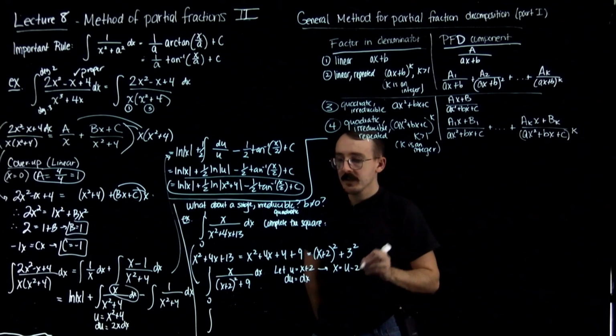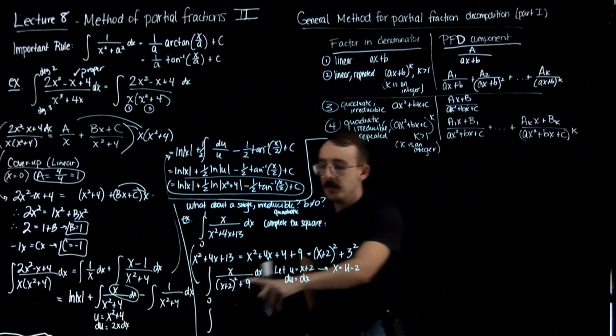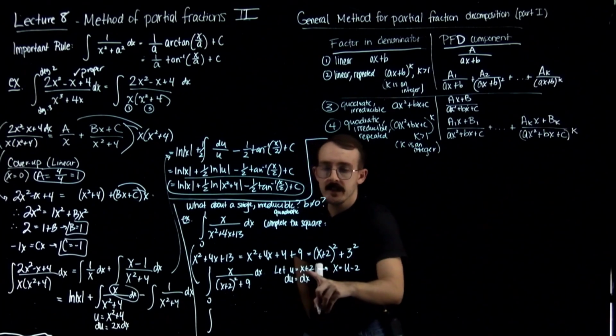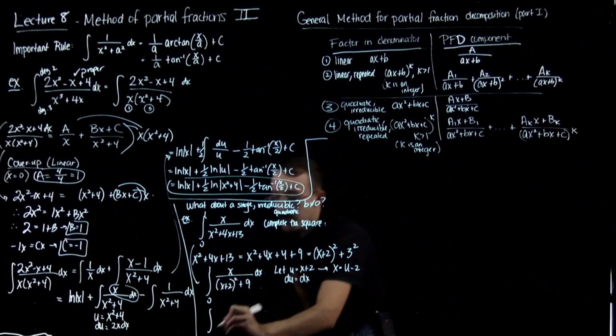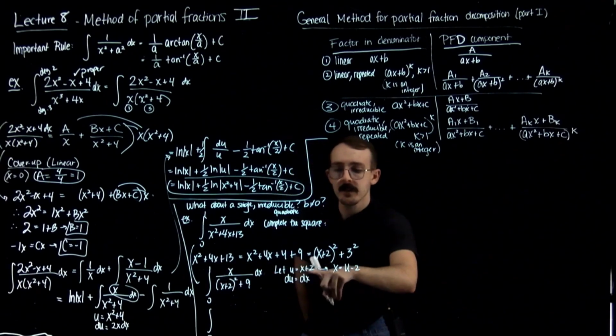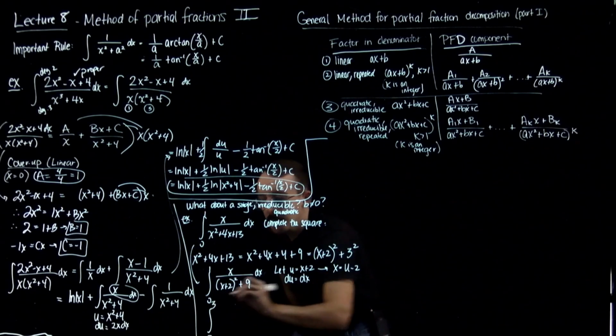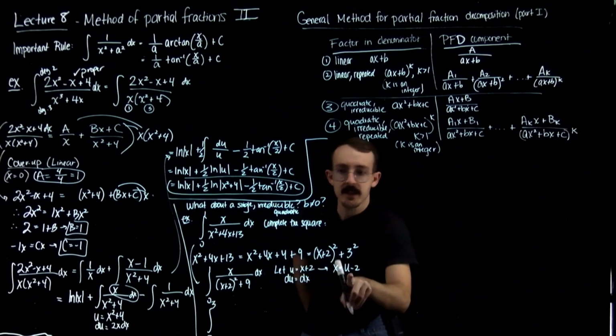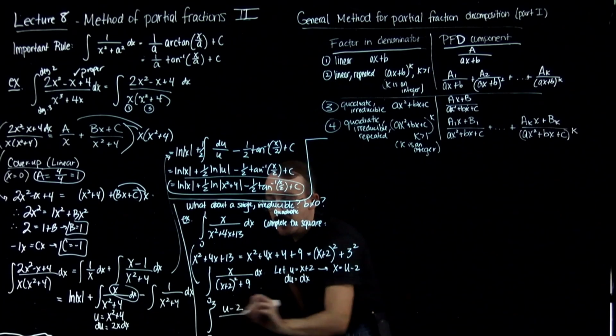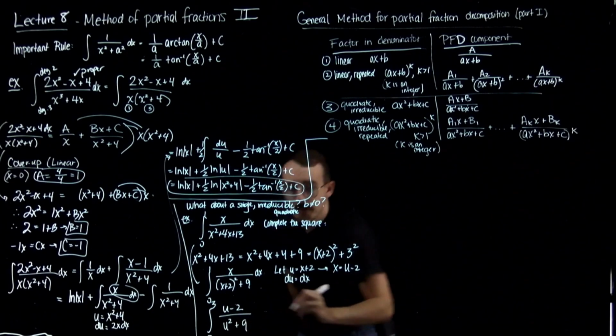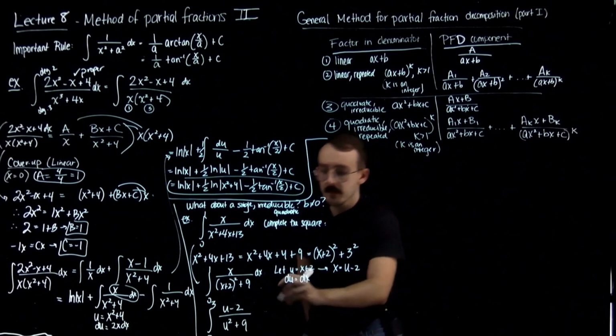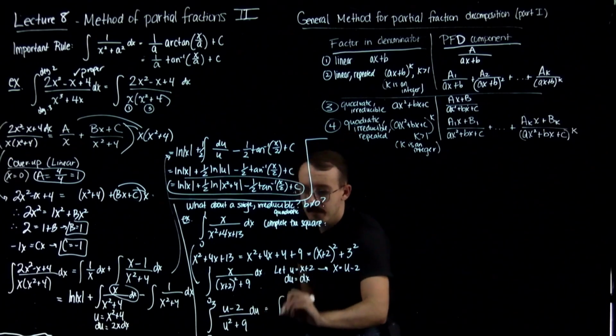All right, let's fill that in here. So I'm going to switch this into u. If you plug in 0 for my lower bound, the new lower bound for u is 2. And if you plug in 1 for x, the new upper bound is 3. x is the same thing as u minus 2, and then here I have u squared plus 9. And dx is du, so I just replace this with du.